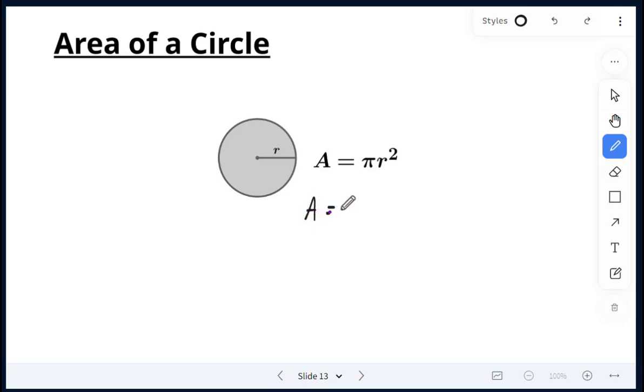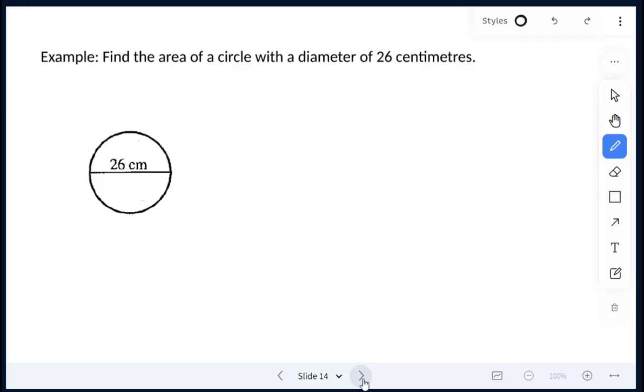So r squared means pi times r times r. A common mistake students make is they'll take r and multiply it by 2, but anytime you have a squared, it means you're taking that base and multiplying it by itself. So its area equals pi times r times r.